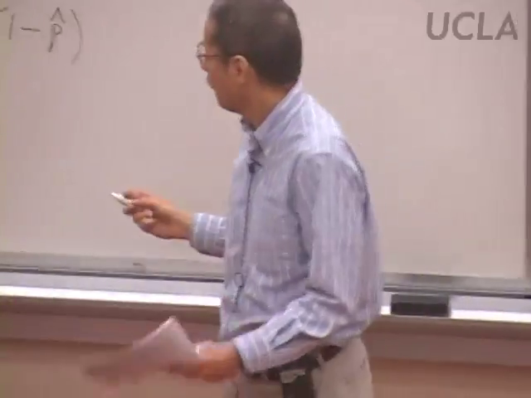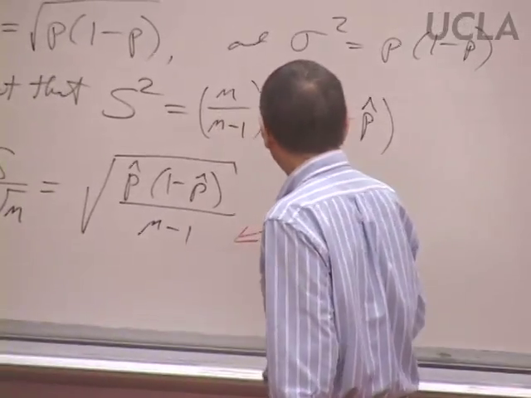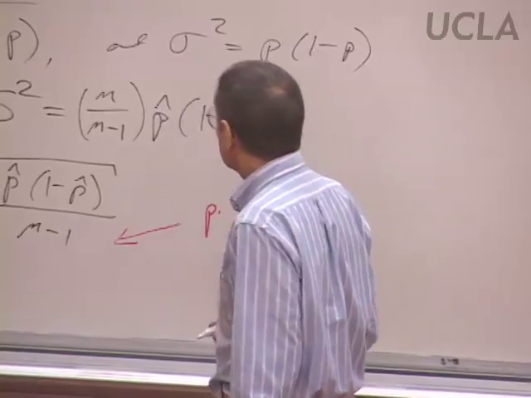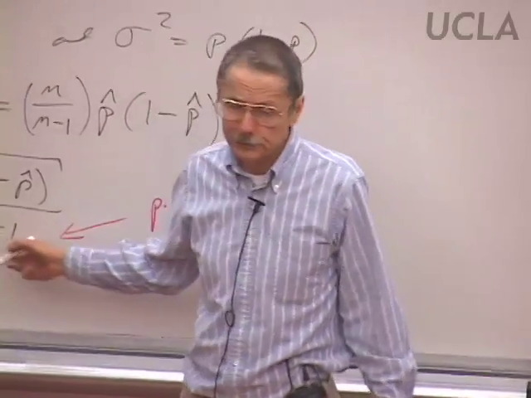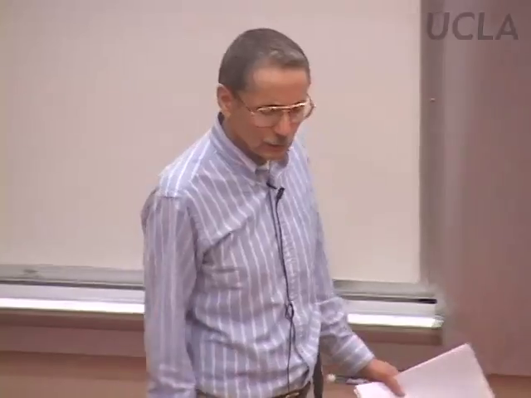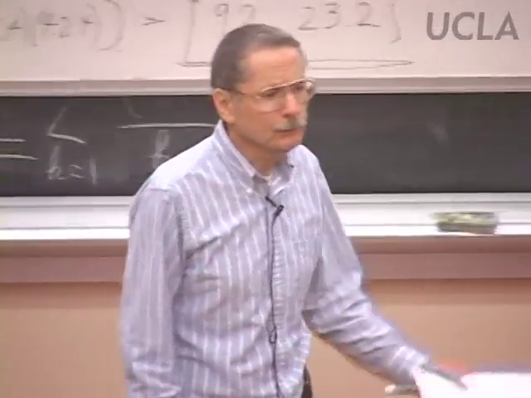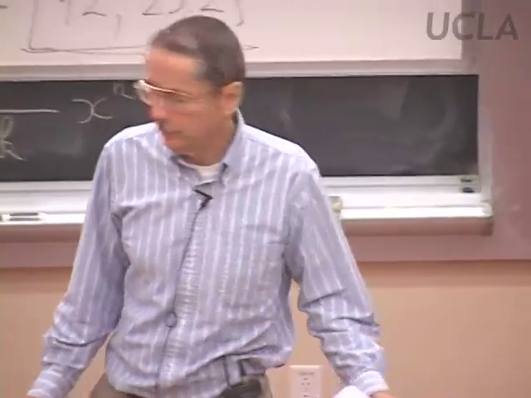And the author on page 907 says it's not so terrible to use n here instead of n minus 1 because it won't make a whole lot of difference. Well, it won't make a whole lot of difference if n is really big.